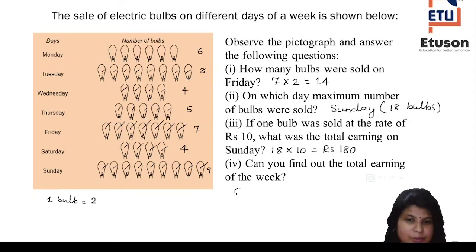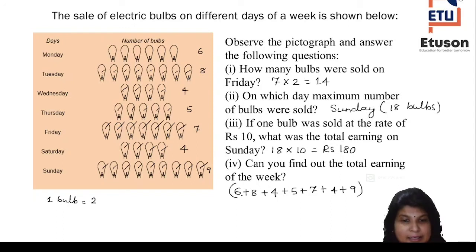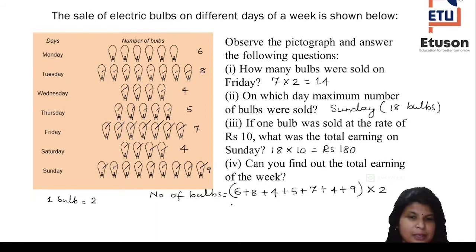So it is equal to 6 plus 8 plus 4 plus 5 plus 7 plus 4 plus 9 into 2. This is the number of bulbs. Correct or not? Now to find out the earning, you have to just multiply with 10.